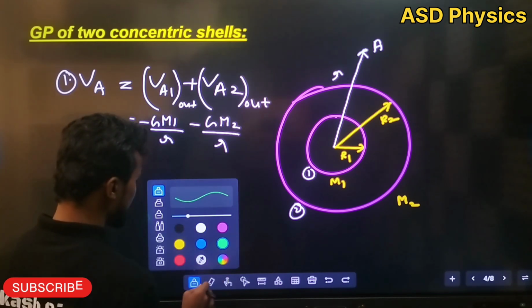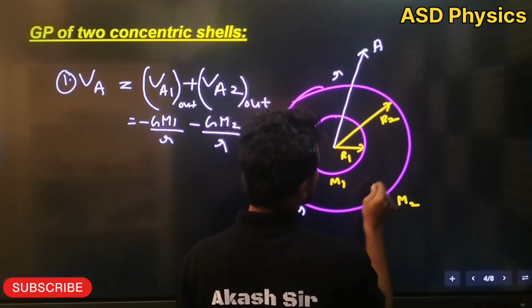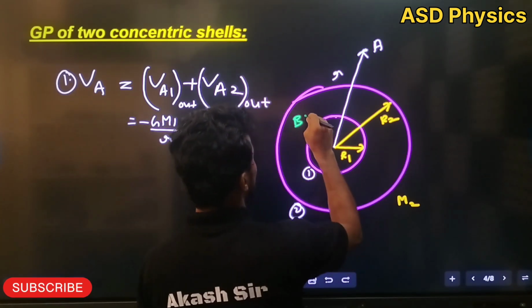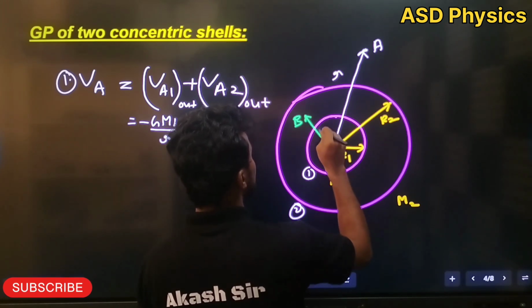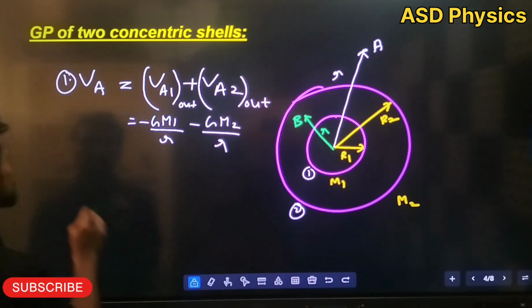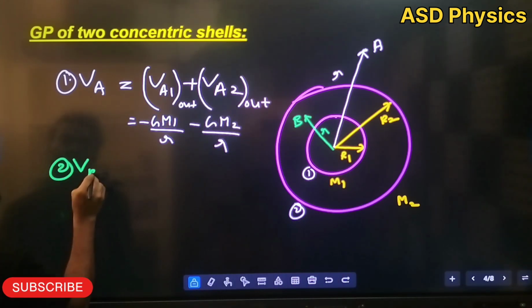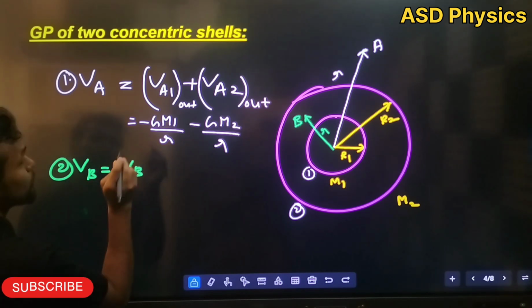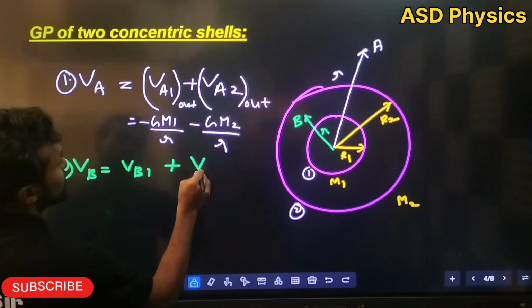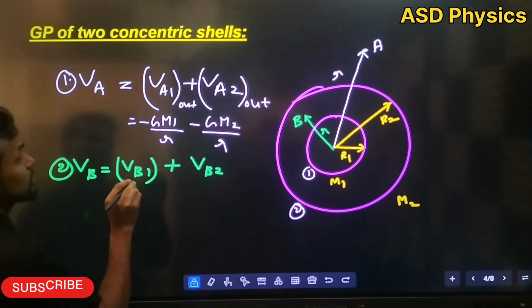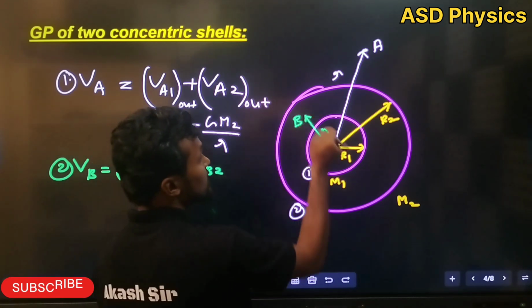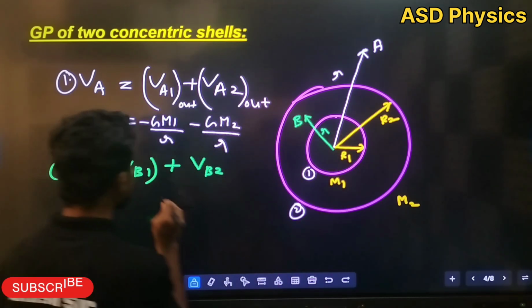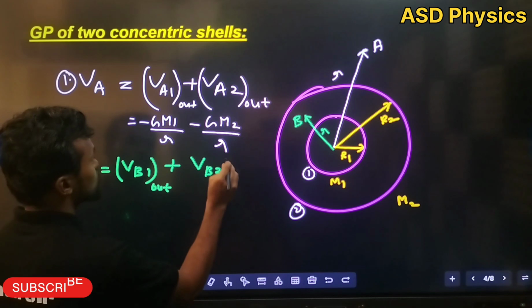After that, students, if I take one more point here, I have taken one point B somewhere. Again, center to observation point is R. So now, in the second situation, potential at point B is given by VB with respect to 1 plus VB with respect to 2. Now think please, B with respect to 1, this is the 1, so which side? Outside. Outside means always actual length.